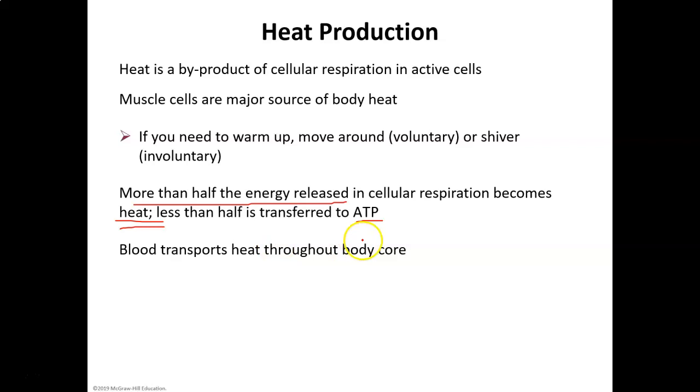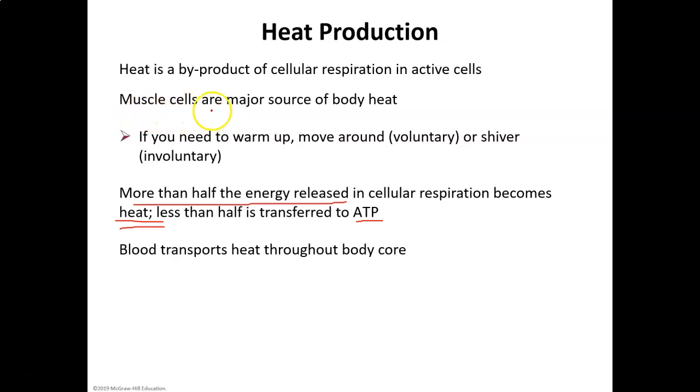You have to create ATP, right? More than half of the energy that goes into making ATP actually goes into the production of heat. That's what makes you a homeotherm. Homeotherms maintain a constant body temperature. One of the ways you do that is that you move around. By moving, you make heat, but you're also making energy.